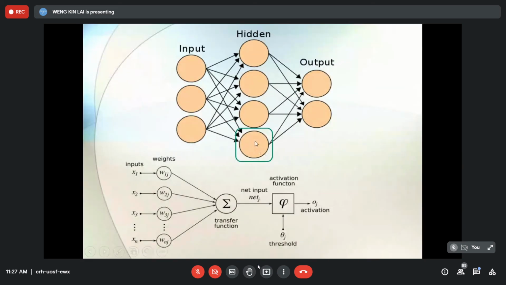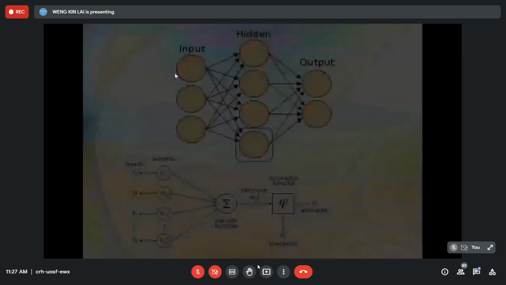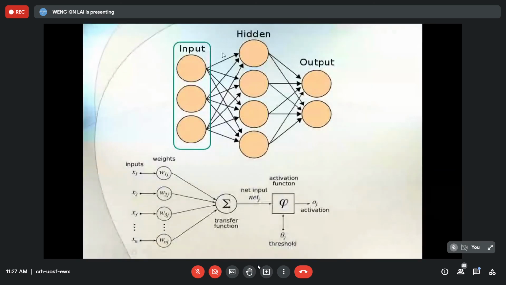Then from there, we look at the calculation of how the neuron in this hidden layer will combine. Just now we looked at the green box. So now these three inputs actually combine, they are merged, and we calculate at this neuron here.